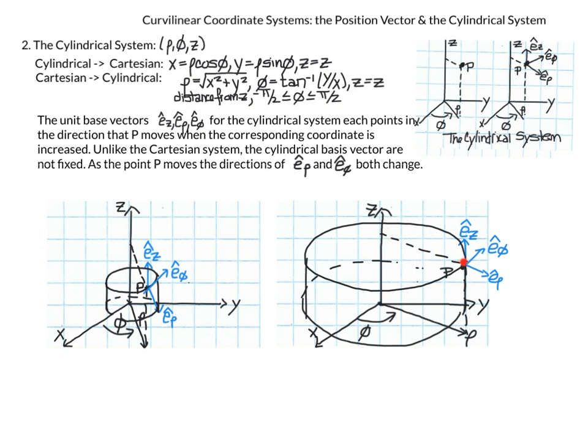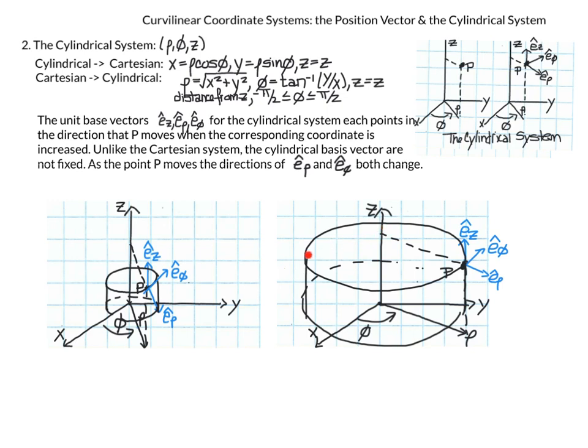If I'm out here at P, one thing you'll notice about rho is you're always radially out from the z-axis. So if you increase rho, you just keep going in the same radial out direction and just larger rho.